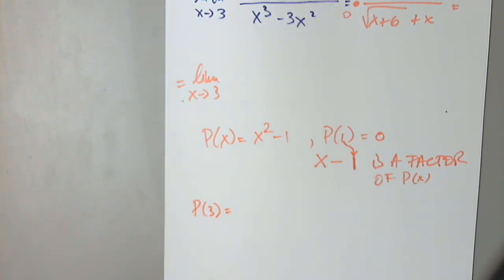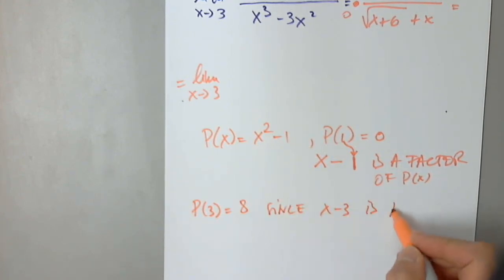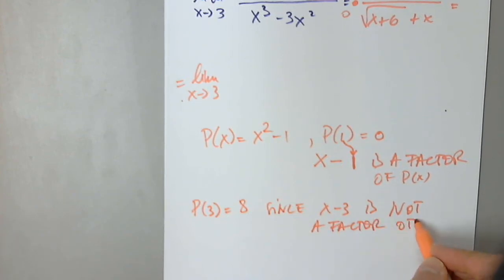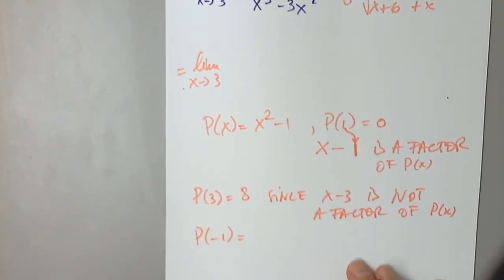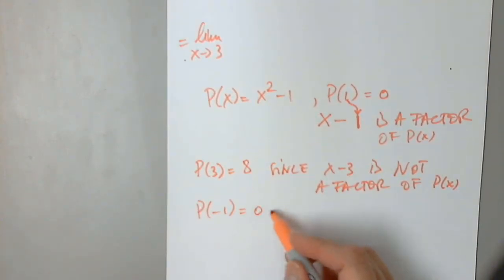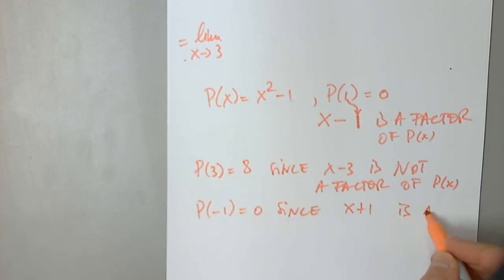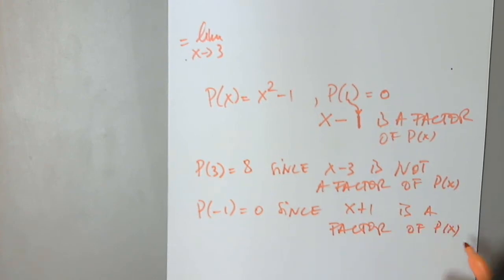What do I get? 8, since x minus 3 is not a factor of p of x. I want to plug in negative 1. 0. Good, since x plus 1 is a factor of p of x. Awesome.